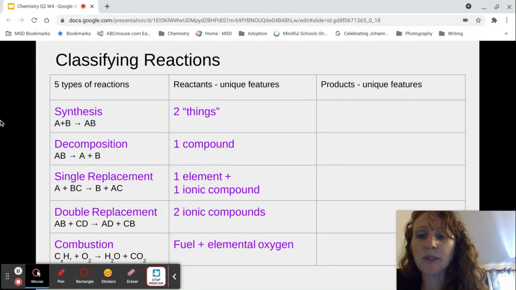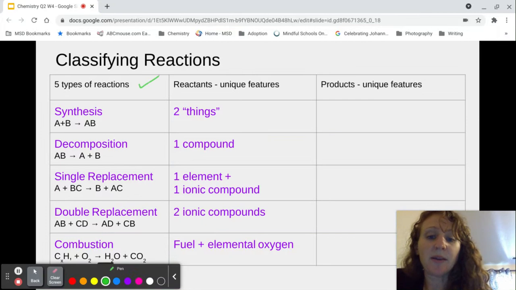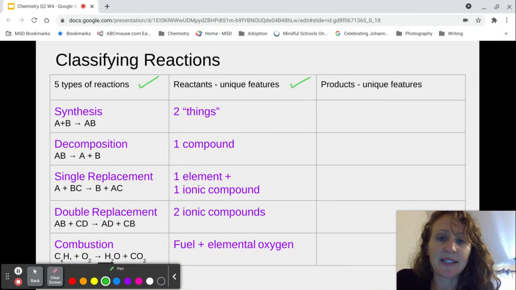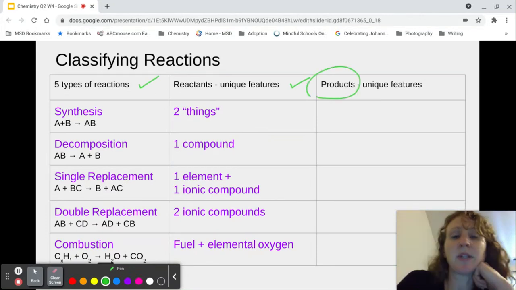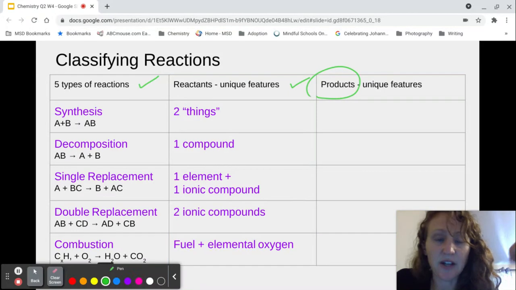We are able to classify the types of reactions. We are able to identify unique features of the reactants in order to identify the type of reaction. So now what we want to do is look through the same list and look for unique features of each of these types of reactions as far as their products go.